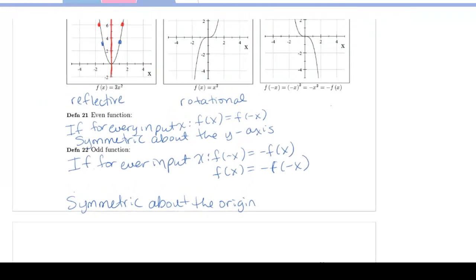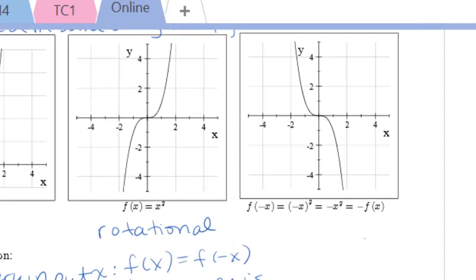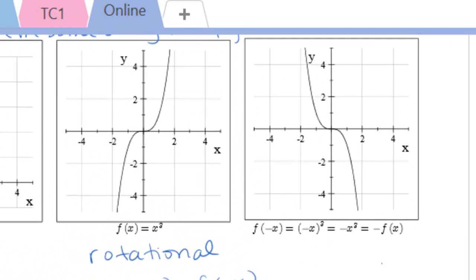So if we want to kind of see this on the graph, if we were to, for instance, look at plugging in -1 here, we should get -1 because -1 cubed is -1. And then if you plug in 1 up here, you get 1, and if you were to make 1 negative, you would also get -1. So that's what this is saying here.